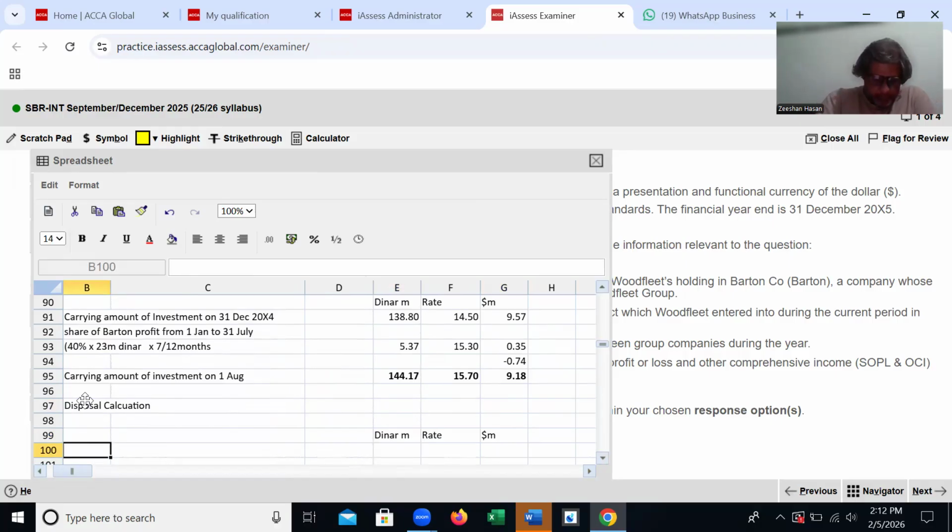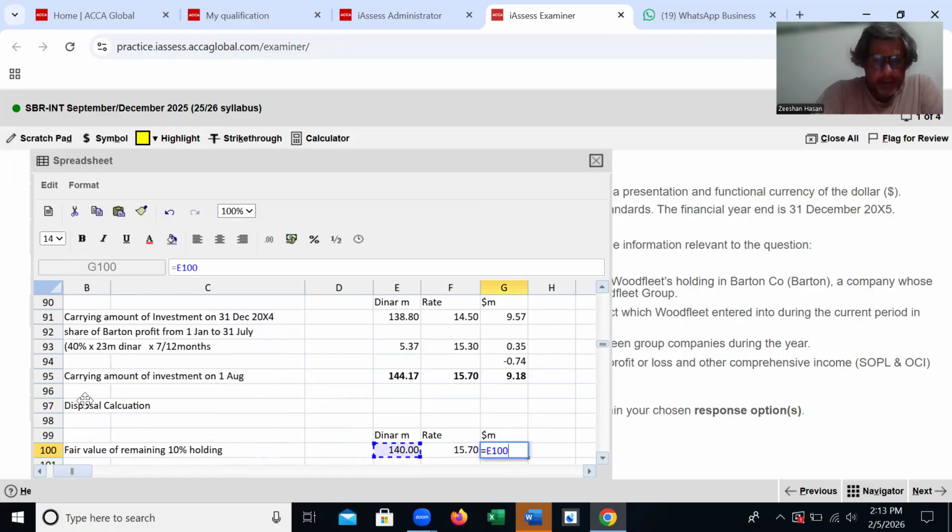So I will mention fair value of remaining 10% holding. What is it? 140. What is the rate? 15.7.